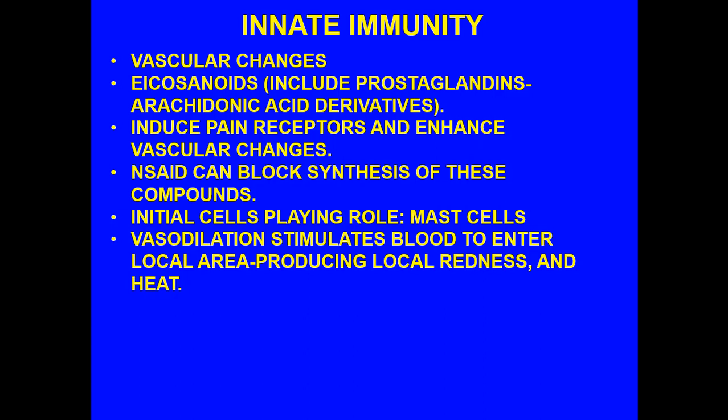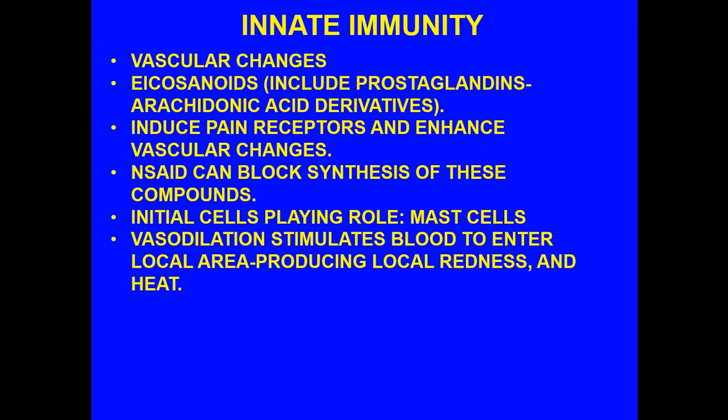Arachidonic acid is a structure that's somewhat like a modified fatty acid. Now, what eicosanoids do is they induce the pain receptors. Again, why do I want that? Because pain is a good purpose of telling us there's tissue damage here. In the meantime, they also enhance vascular changes. Now, again, NSAIDs, non-steroidal anti-inflammatory drugs, can block the synthesis of these compounds. But sometimes the question is, do you really want to use them?